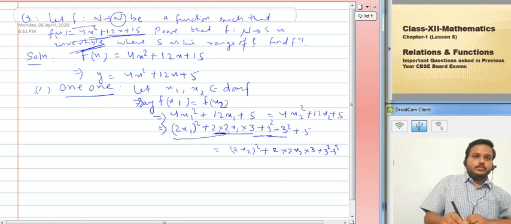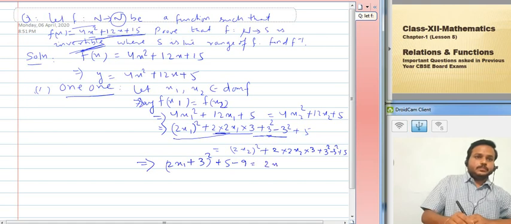Now this one can be written as (2x1 plus 3) whole square plus 5 minus 9, equal to (2x2 plus 3) whole square, again plus 5 and minus 9.